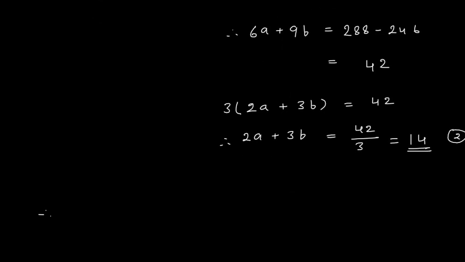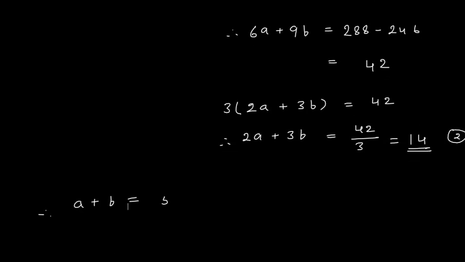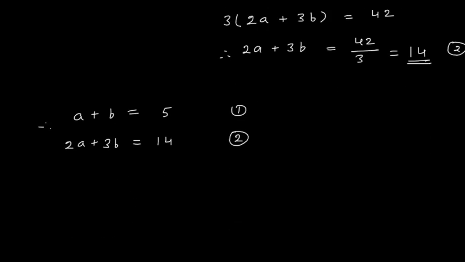Therefore our first equation is a plus b is equal to 5. This is the first equation, and the second equation is 2a plus 3b equal to 14.